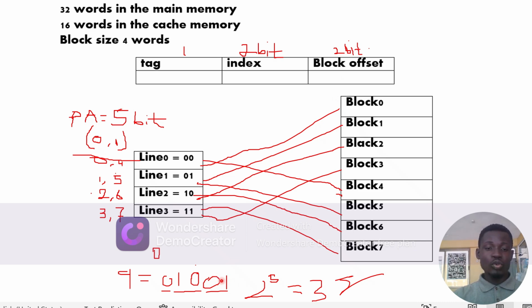So this byte here will determine the word we are looking for. This byte here will direct us to the line inside the cache memory. And this one will also tell us the specific block inside the cache memory.